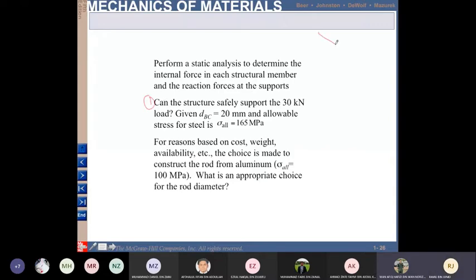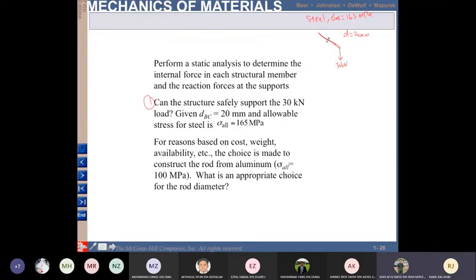So you have this rod, and the diameter is 20 mm. This is made from steel, in which the allowable stress of steel is equal to 165 MPa. And this is 30 kilonewton.